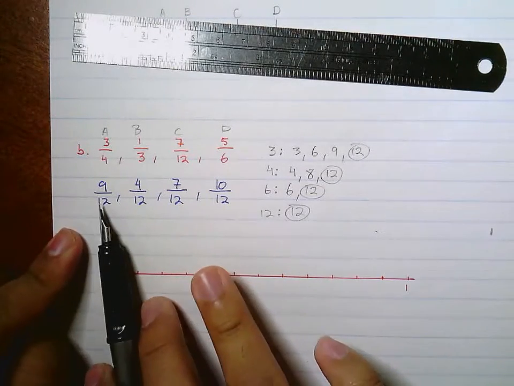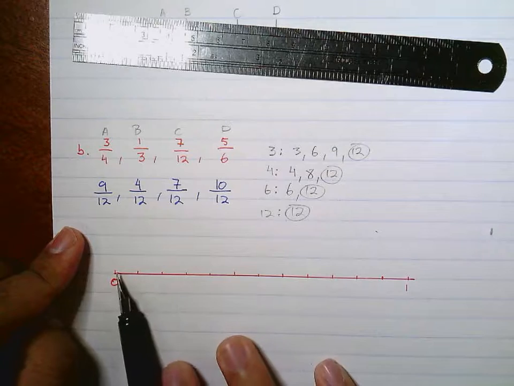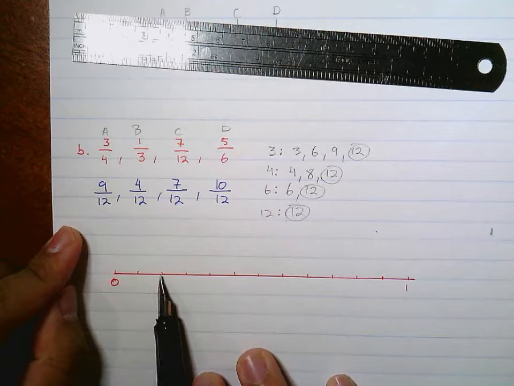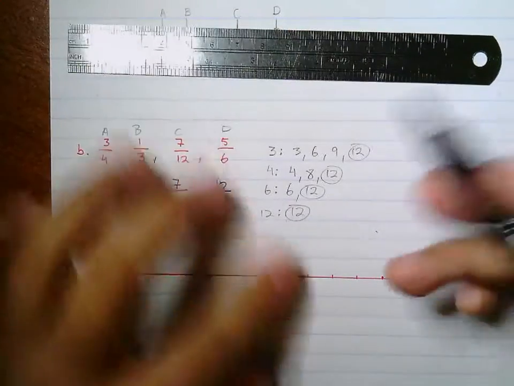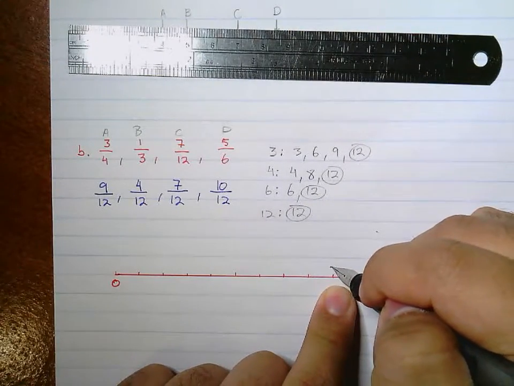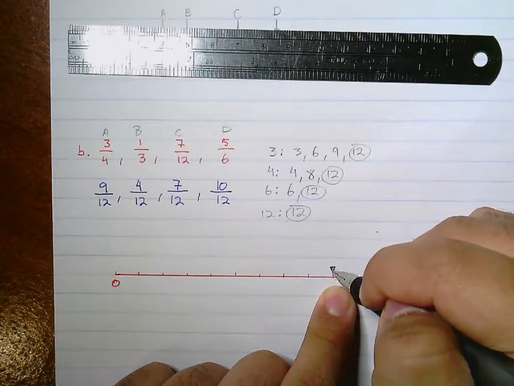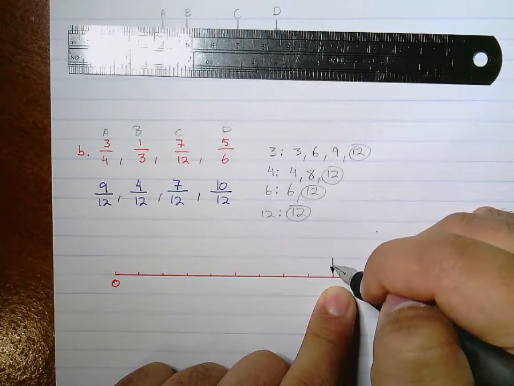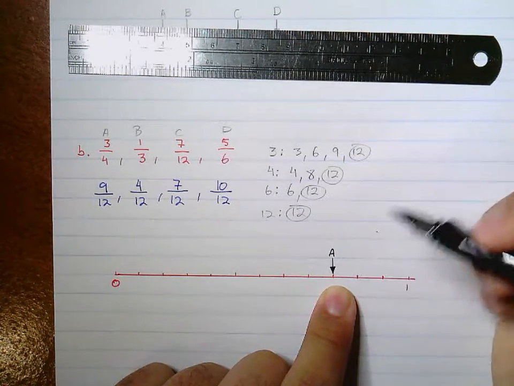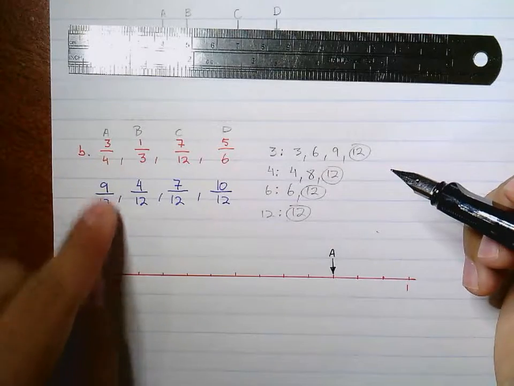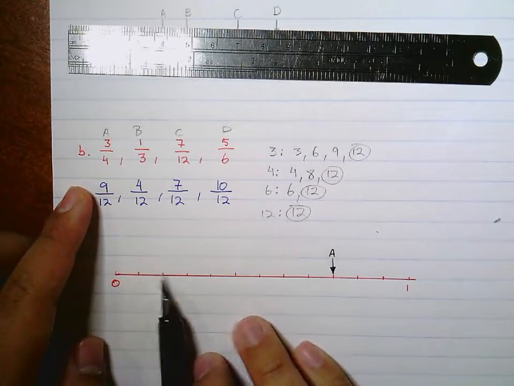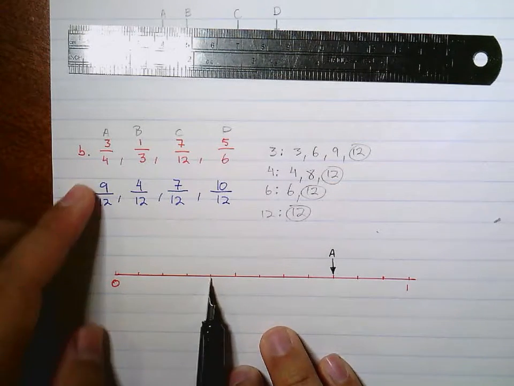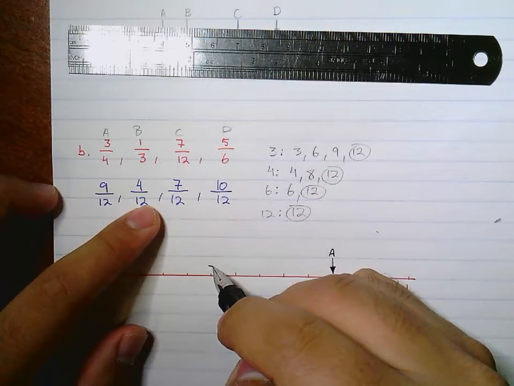Let's start with point A, which is 9 over 12. So let's count 9 spaces: 1, 2, 3, 4, 5, 6, 7, 8, 9. This spot here is point A. Point B is 4 over 12: 1, 2, 3, 4. So that is our point there.